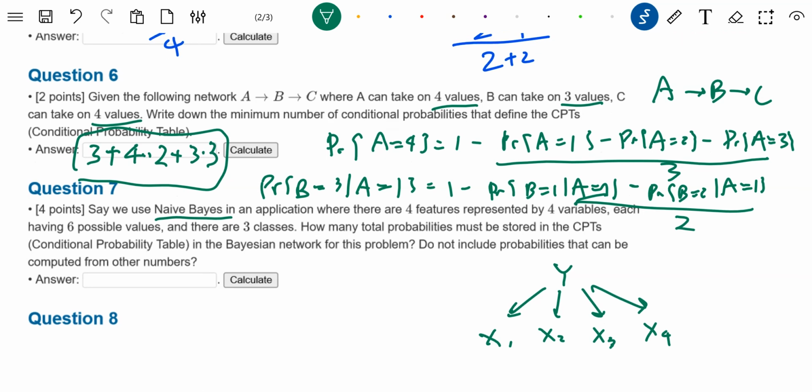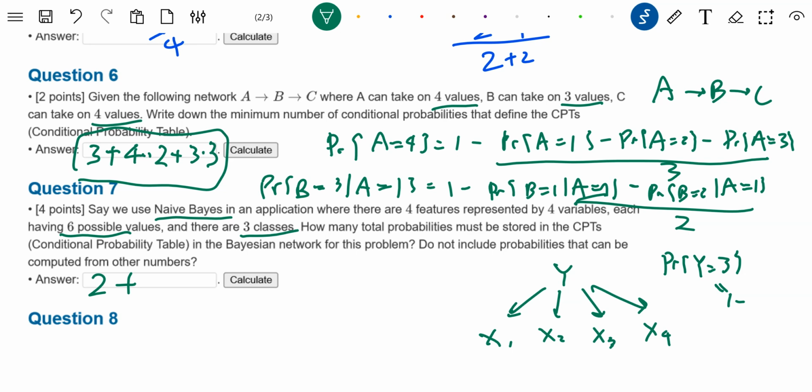For y, you need to store the probability of y. Again, there are 3 classes, so y equals 3 can be computed as 1 minus y equals 1 and y equals 2. So for y, you need to store 2. And for x1, there are 6 possible values, and the probability of x1 equals 6 given a fixed y can be computed as 1 minus the other five.